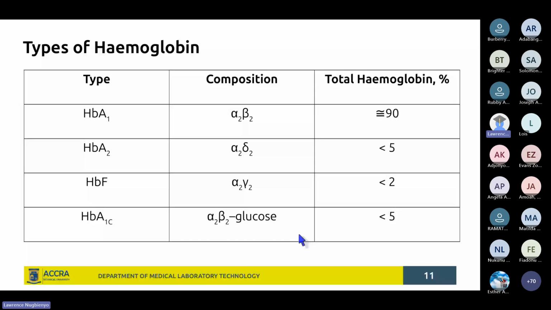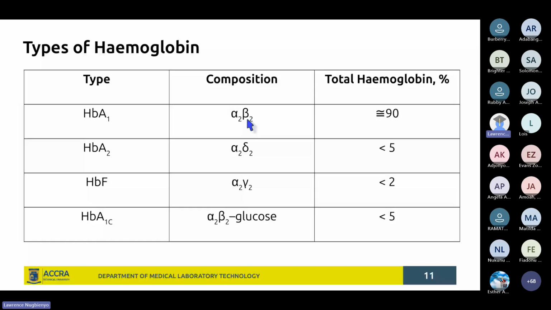Because, as you can see here, when you look at the total hemoglobin in percentage in adult blood, it is 90% of all the hemoglobins in the blood. The HbA1 composition: 2 alpha globins, 2 beta globins.